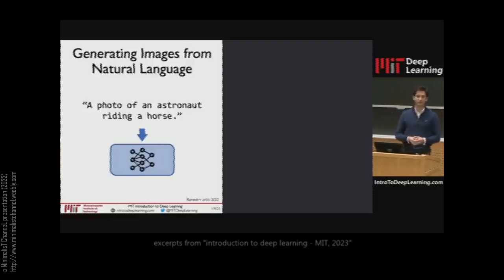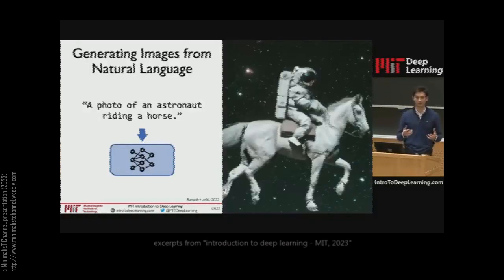We've seen examples of things that have never existed in reality. We can ask a neural network to generate a photo of an astronaut riding a horse. And it can imagine, hallucinate what this might look like, even though not only has this photo never occurred before, but I don't think any photo of an astronaut riding a horse has ever occurred before. So there's not really even training data that you could go off in this case.